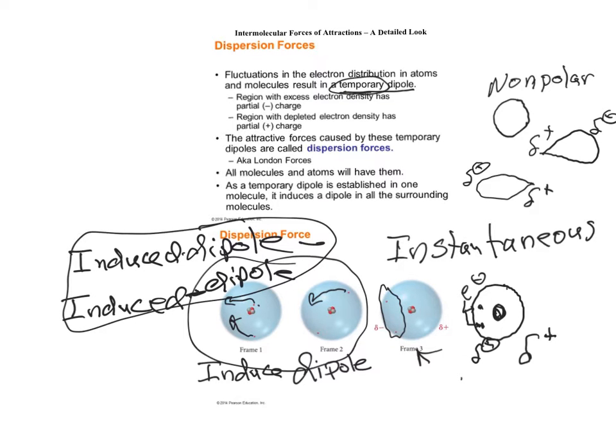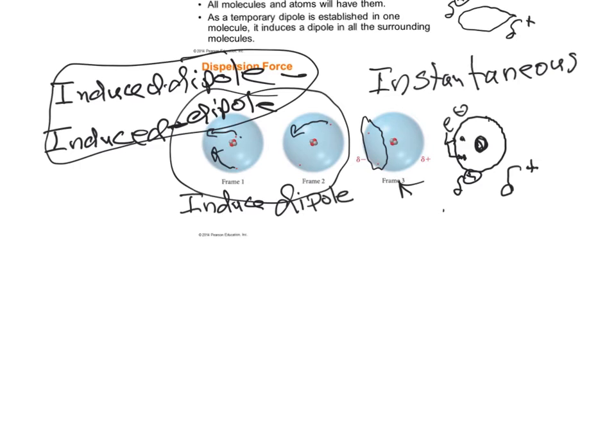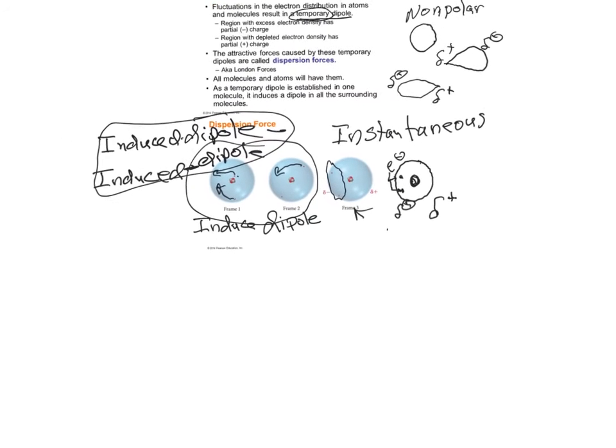Now imagine a situation where you have a dipole. So I'm going to just write some molecule like this, and it's permanently looking like this. So we're going to have a positive side and a negative side. And now you bring in some molecule that's nonpolar.